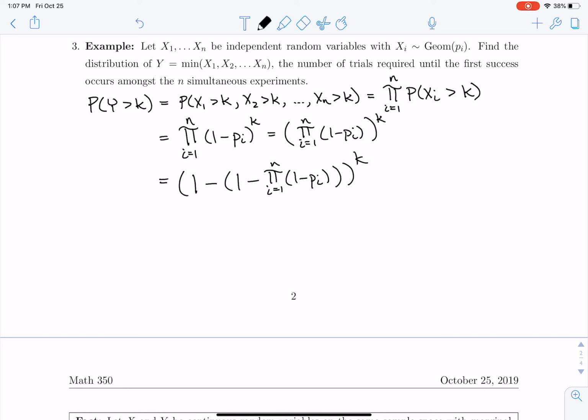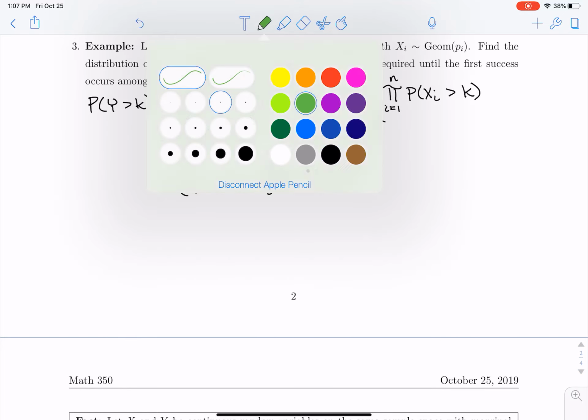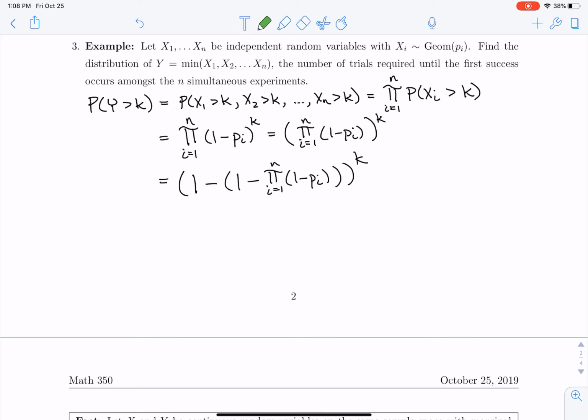But you'll notice that now this probability looks like 1 minus the probability of success to the kth power.